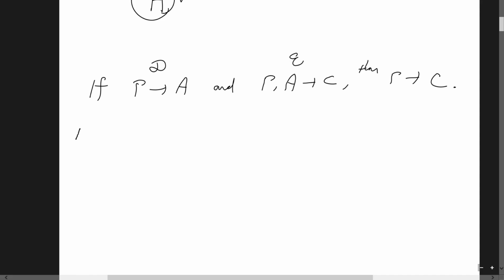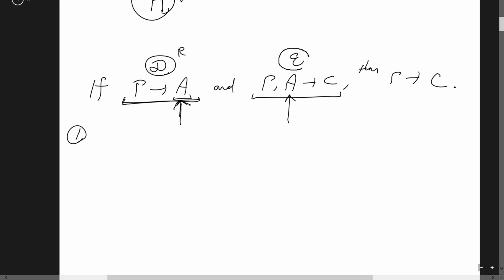In the first case, we focus on this formula. On the first sequent, we focus on the cut formula. And in the second sequent, we also focus on the cut formula. So in this case, D is going to be some right rule, and E is going to be some left rule.